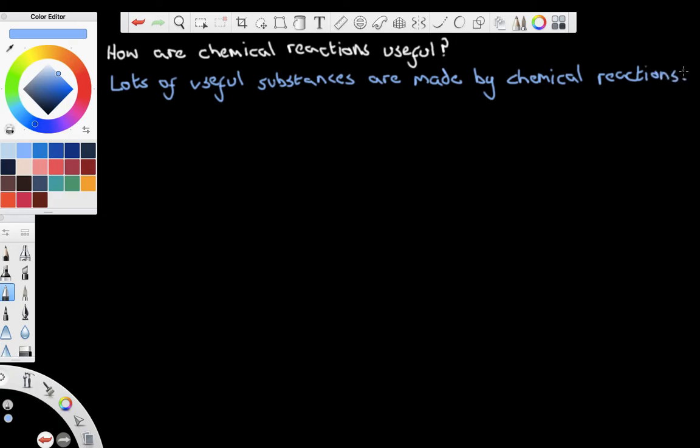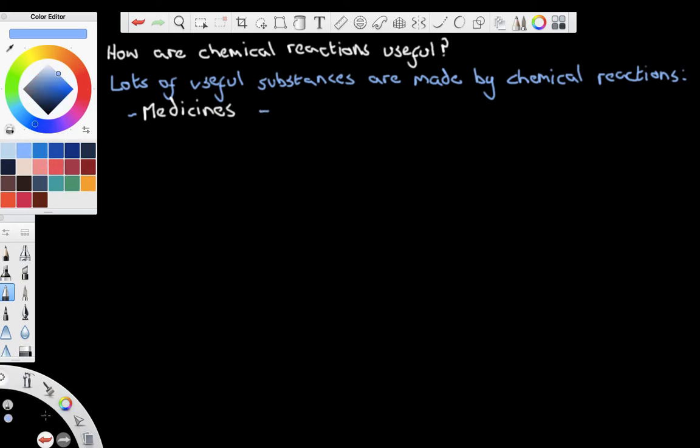They can include the following. Medicines are made using chemical reactions, for example paracetamol.